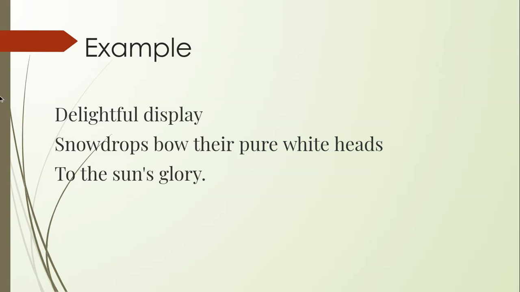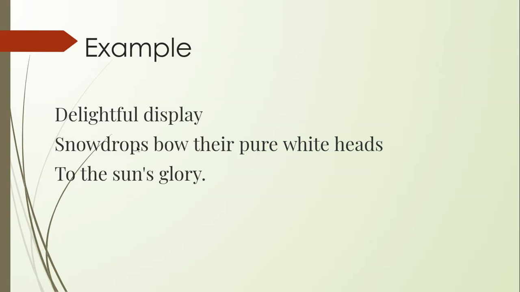So delightful has 3 syllables. It can be broken up into 3 syllables. Delightful display. So display has 2 syllables, right? Display. Delightful 3, display 2. So altogether 5, and that's important in a haiku.